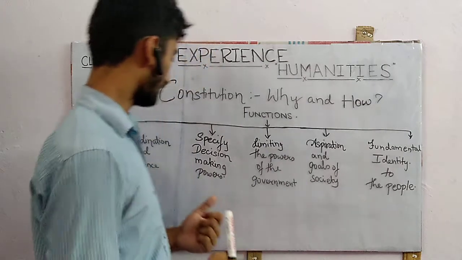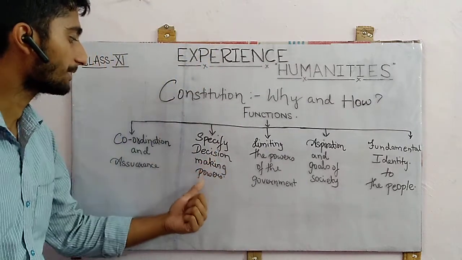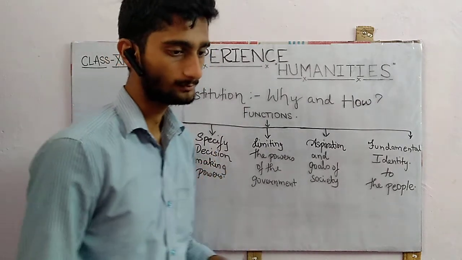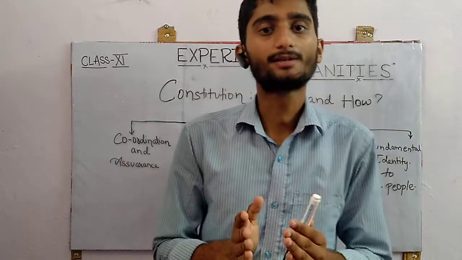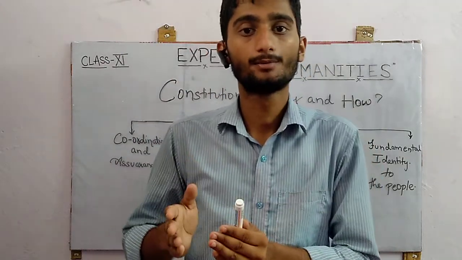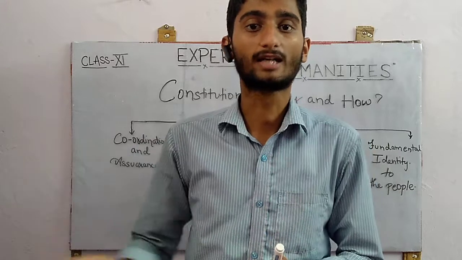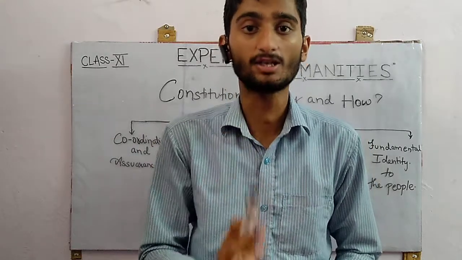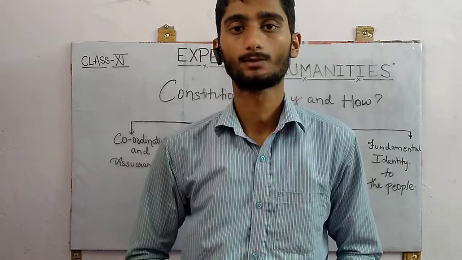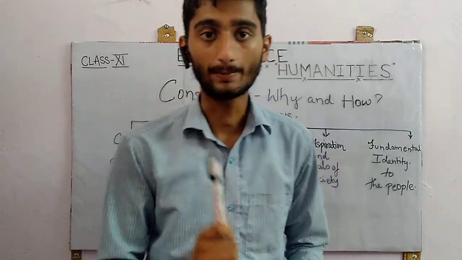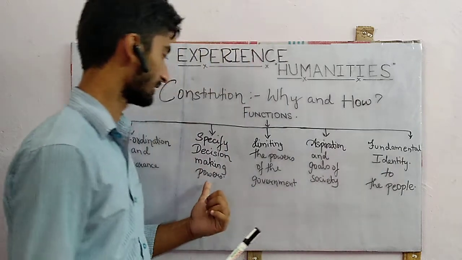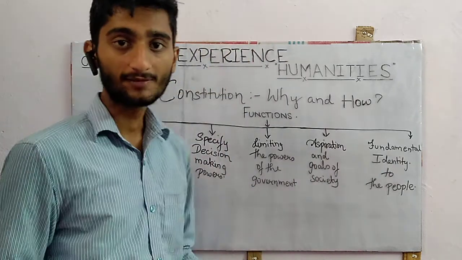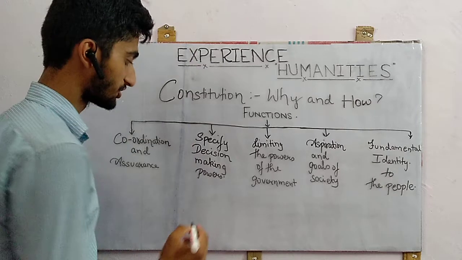Moving on to the second function, specify decision-making powers. Now, there are certain powers that are given to the government of the country so that it can function in a proper manner. So this is the work done by our Constitution. Like, we have different types of powers being shared.